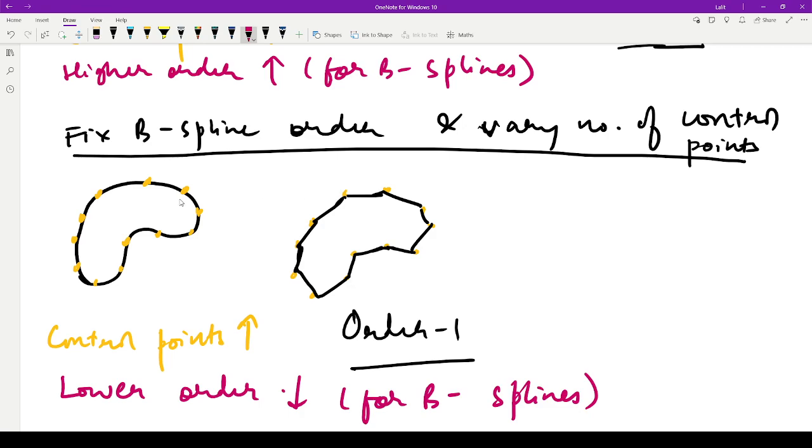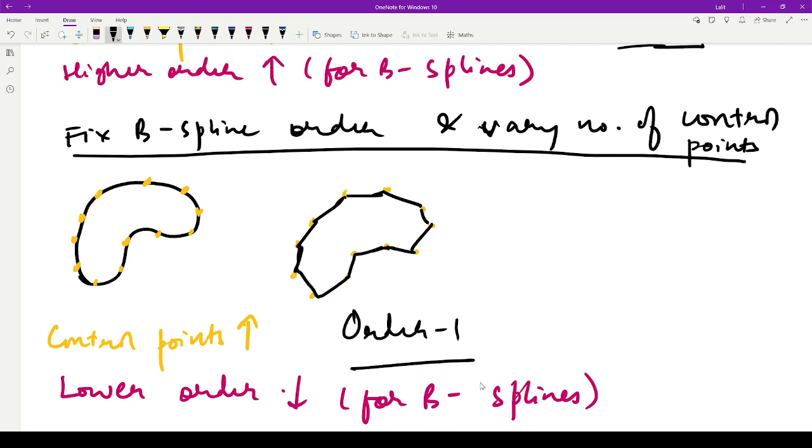to approximate it properly. So there is a big trade-off between how many control points to choose and what should be the order of the B splines to effectively represent this. No one generally uses order one because, as you see, there are too many discontinuities. In the original one it's not that discontinuous.